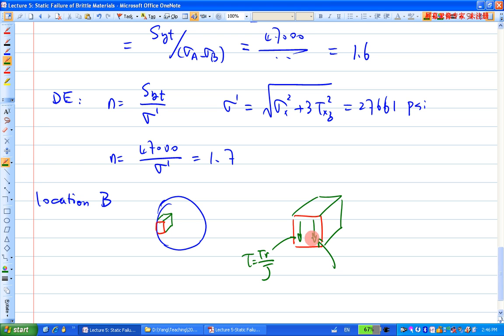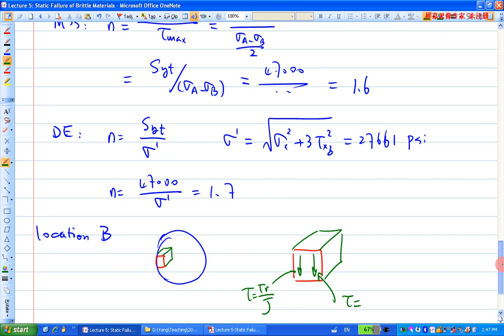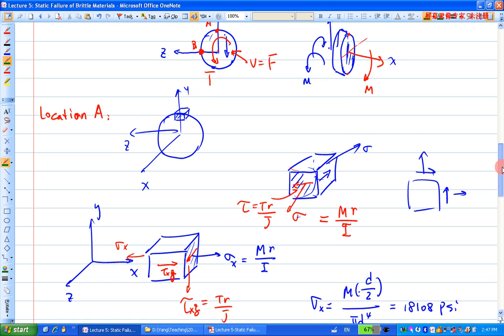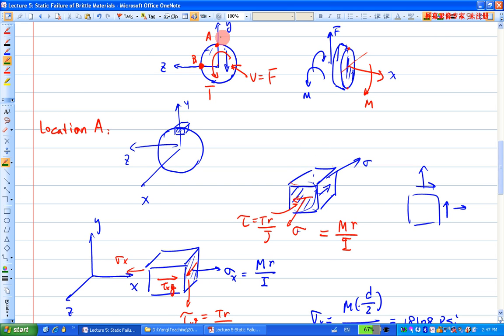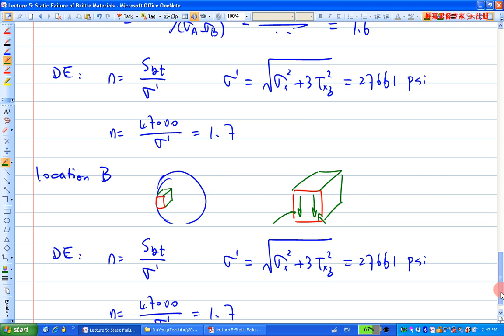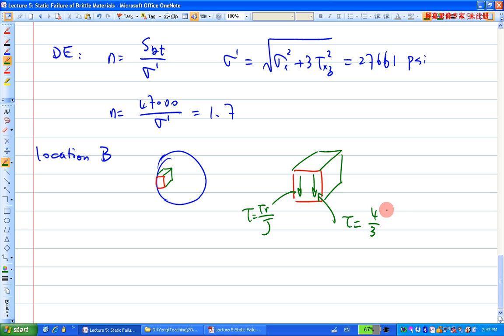The shear stress caused by the shear force has a formula. This is a circular cross section, and that formula is 4/3 V over A. If it's a rectangular cross section, it is 3/2 V over A. Those are all given in the review in our first week of lecture.